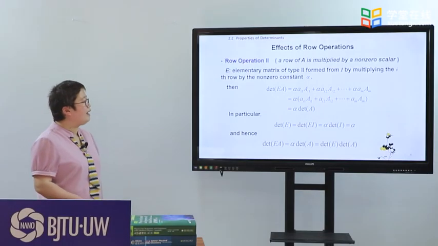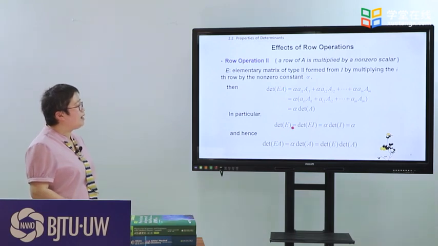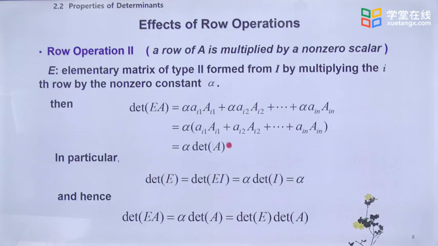Okay, and in particular, if we set this general matrix A to be the identity matrix, then we know that the determinant of E, the type 2 elementary matrix, just equals the determinant of E times I, which equals alpha times the determinant of I. And the identity matrix is a diagonal matrix, right?